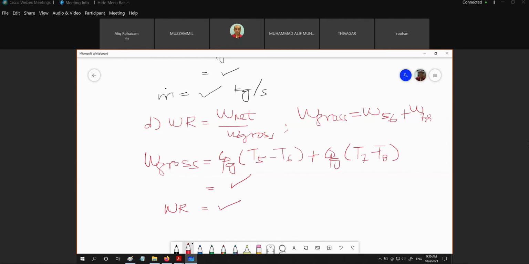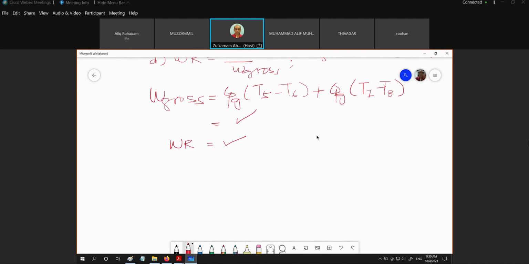And lastly, part E is to get the thermal efficiency. The thermal efficiency is equal to W net divided by the Q in. The Q in should be the Q to both combustion chambers.